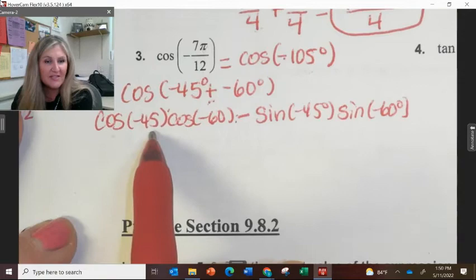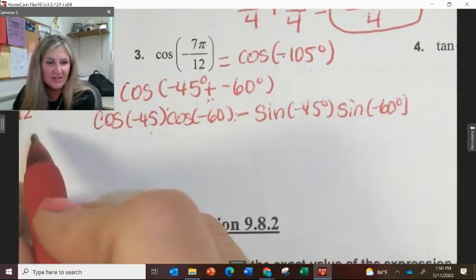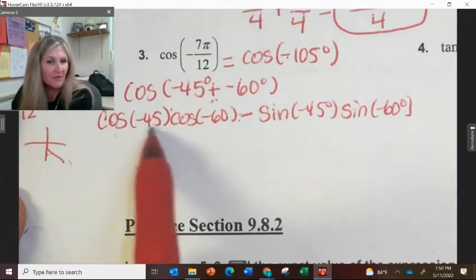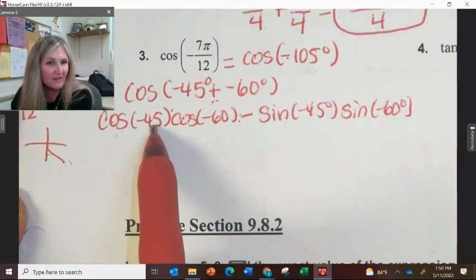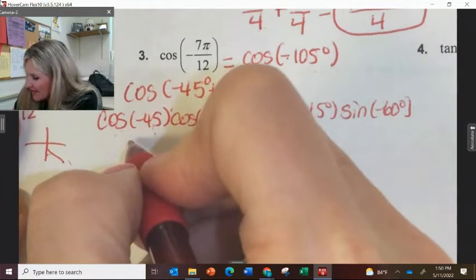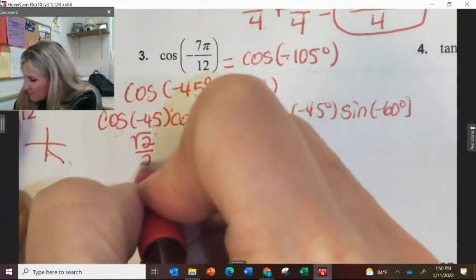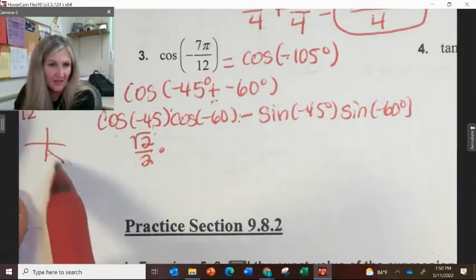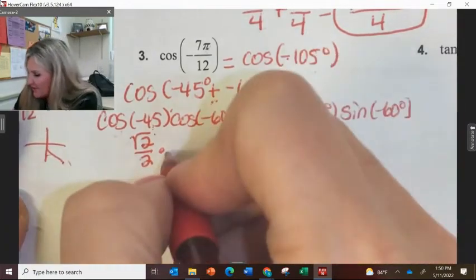All right, cosine of negative 45. That's just in the fourth quadrant. Right there, fourth quadrant. What's the cosine of negative 45? So we're going to have radical 2 over 2 times the cosine of negative 60. 1/2, very good.